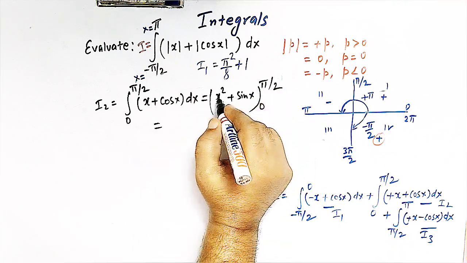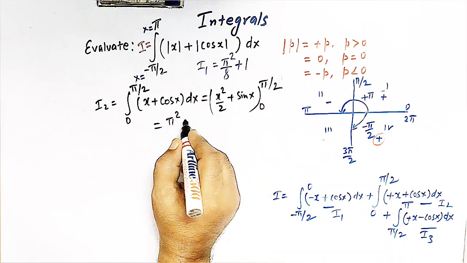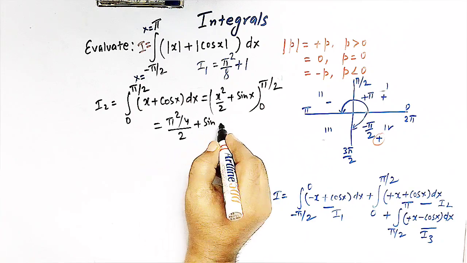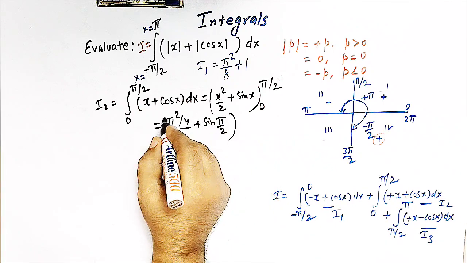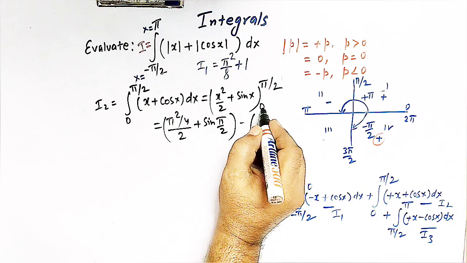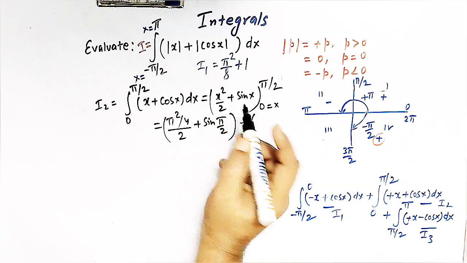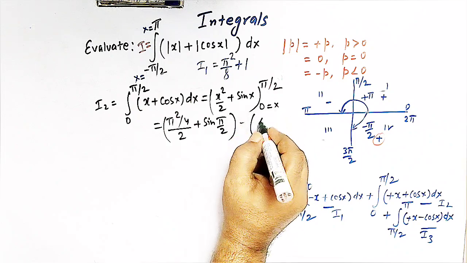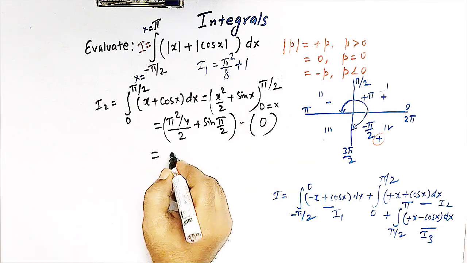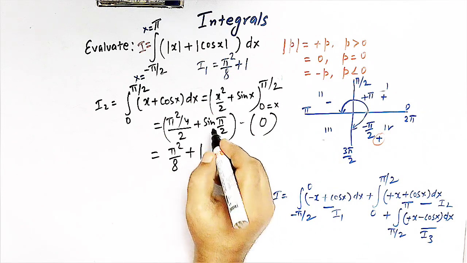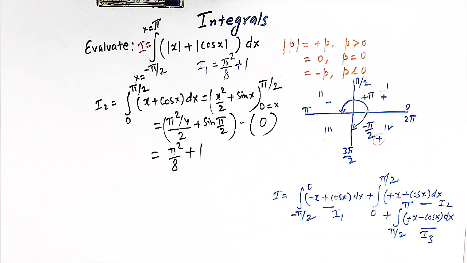So taking pi by 2, here we have pi square over 4 divided by 2 plus sine pi by 2, minus, and when we take x is equal to 0, then this term is 0, this term is 0, because sine 0 is 0, so here we have simply 0. So this is pi square over 8 plus 1, because sine pi by 2 is 1.